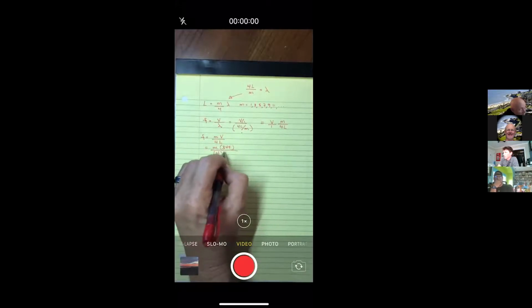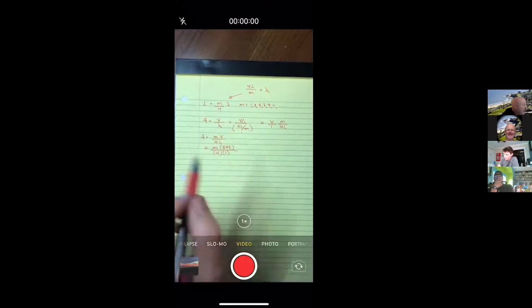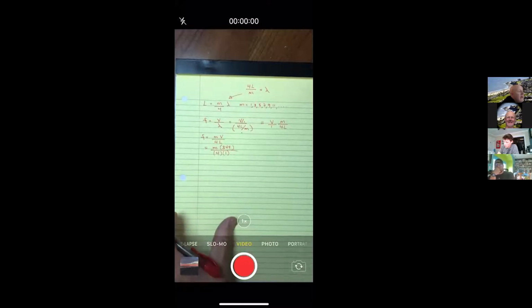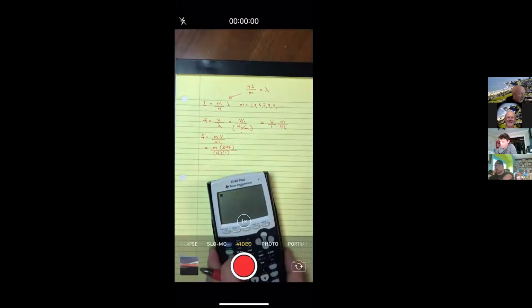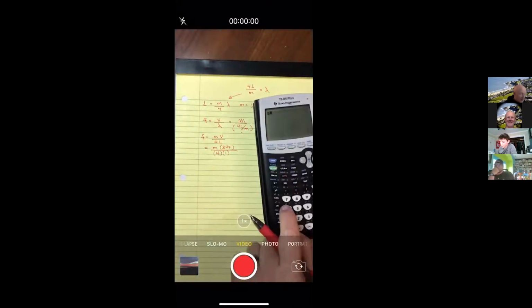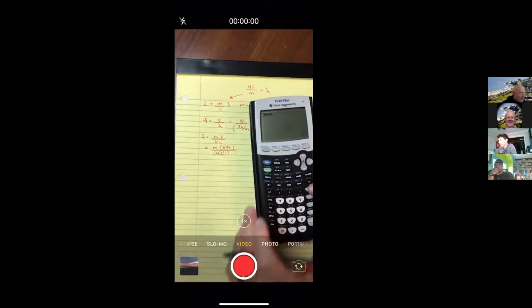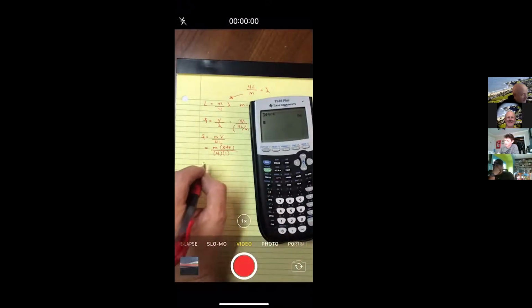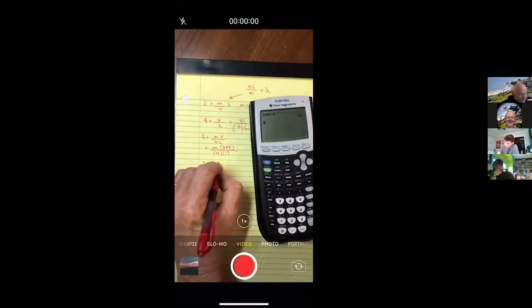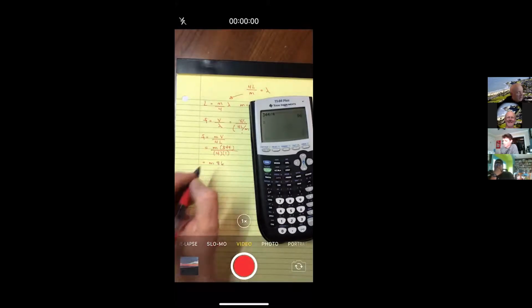We also know how long the pipe is. I've been calling it L, but they made it very clear, 1 meter long. So if I get out my calculator and do 344 divided by 4, I get m times 86.